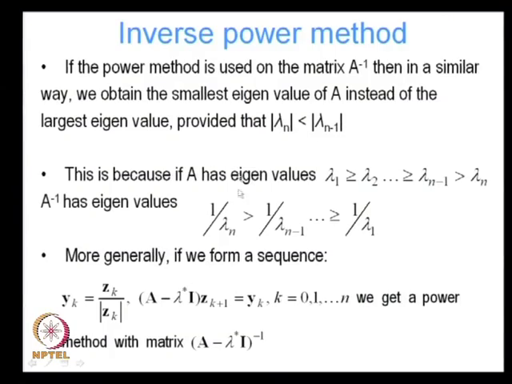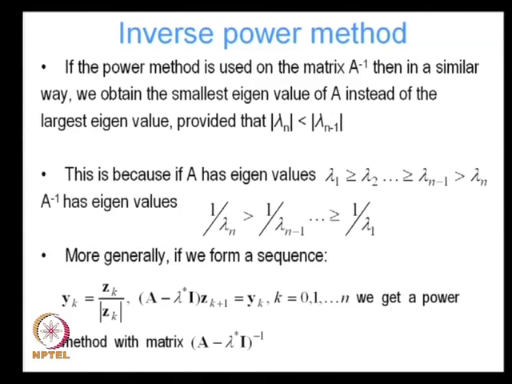So, instead of using A, if we use A inverse, then we are going to get the eigenvalue which has the largest 1 by lambda term, right. That means it will be the smallest eigenvalue of A, right.